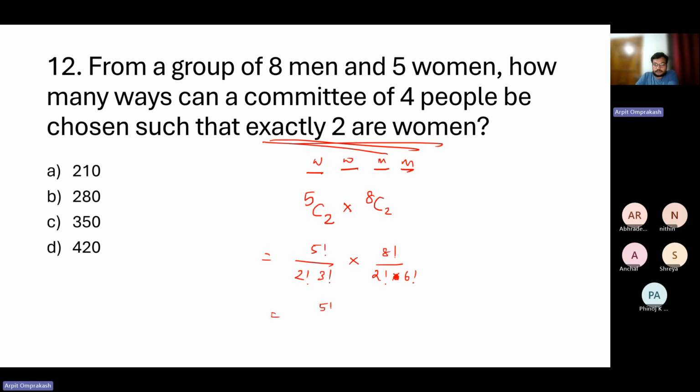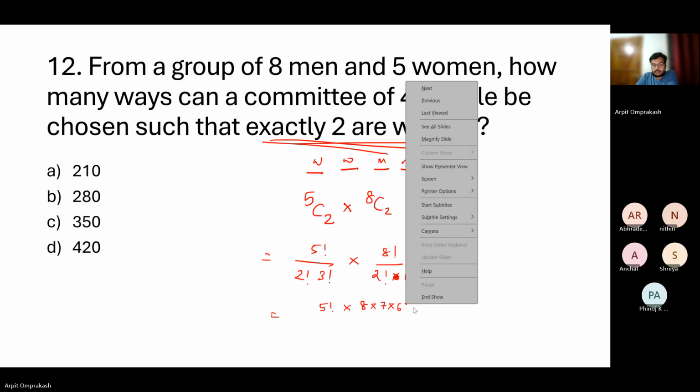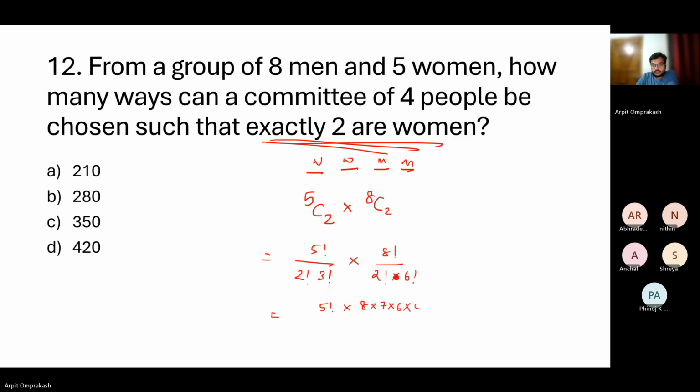So we have 5 factorial into 8 into 7 into 6 into 5 factorial, over 2 into 6 into 5 factorial.